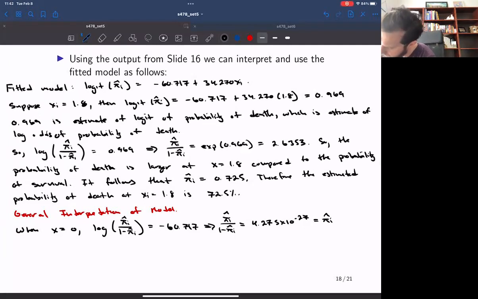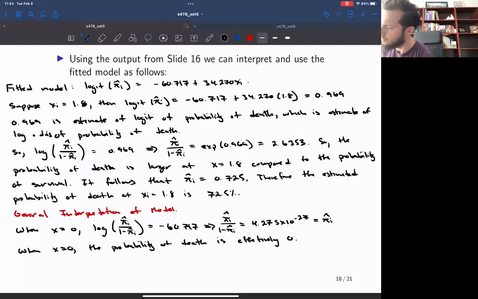So basically, when x equals 0, the probability of death is effectively 0. Sorry, and this would be for beta 0.